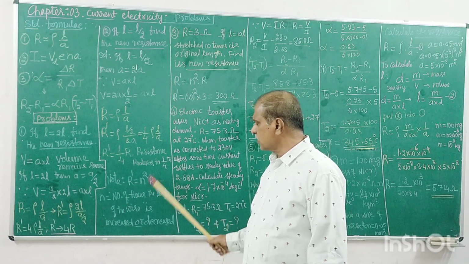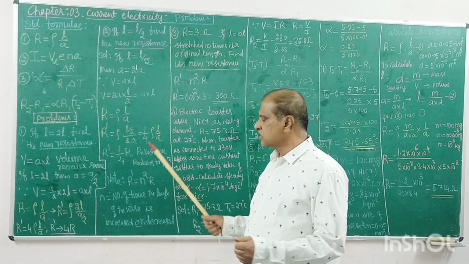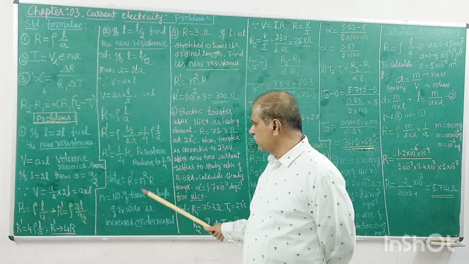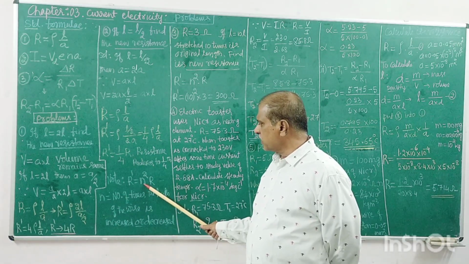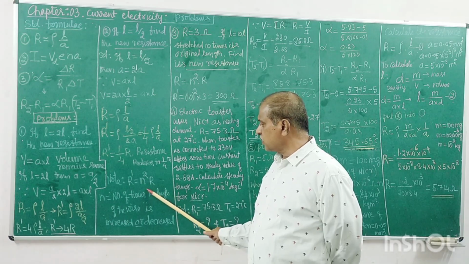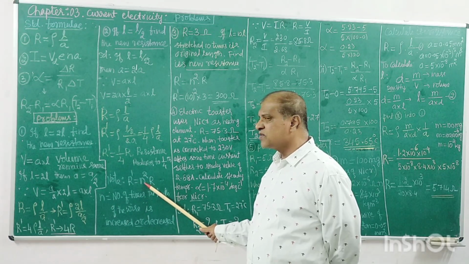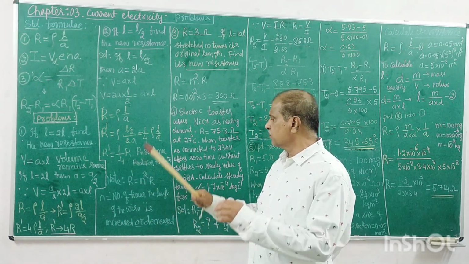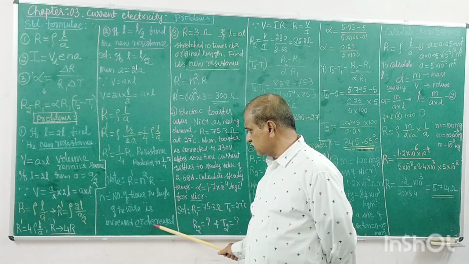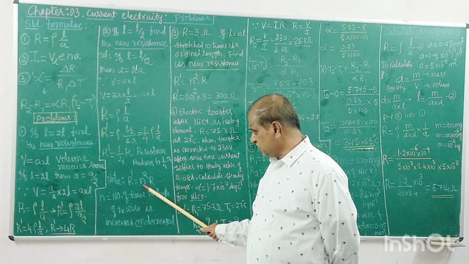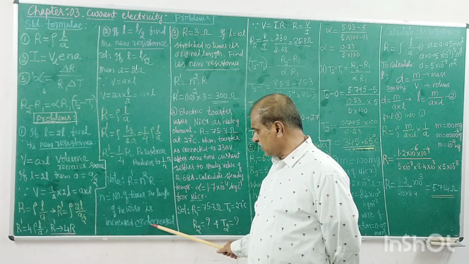What is the change? Length variation. It is increased or decreased by n times. So n means the number of times the length changes. It refers to the length only. How many times does the length change, whether it is by 2 times or 1 by 2 times, increase or decrease.